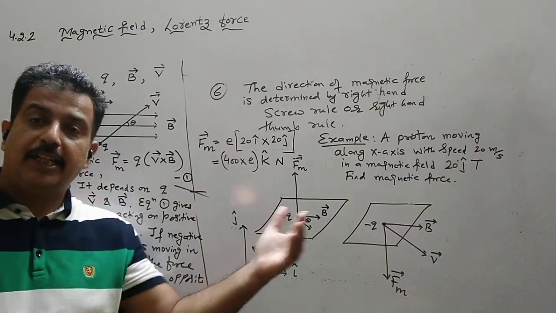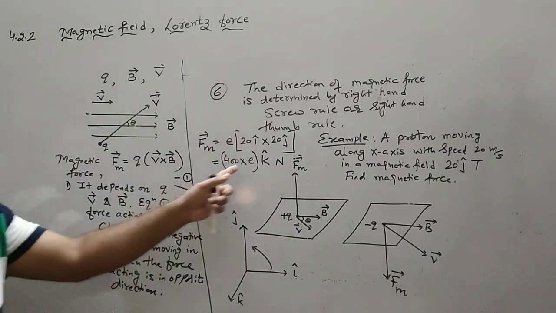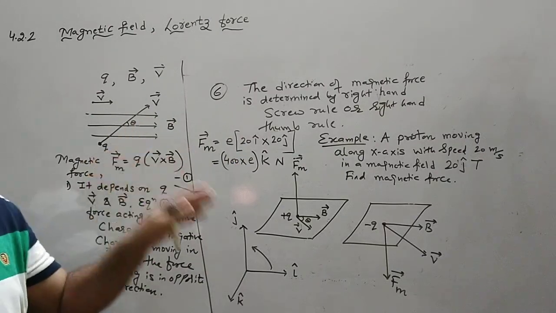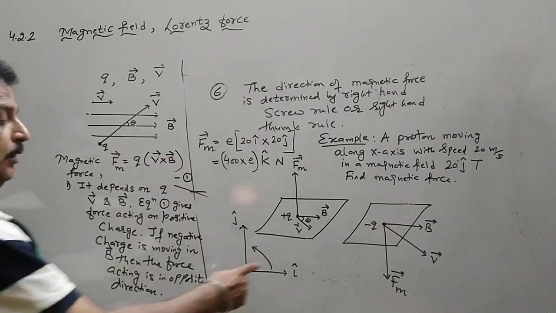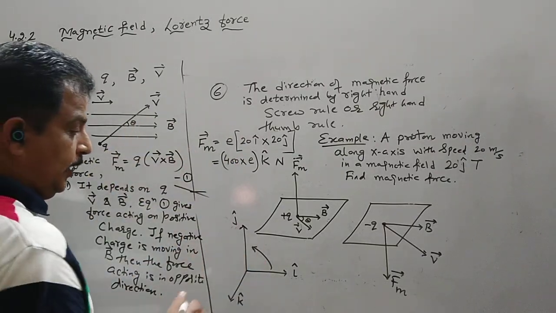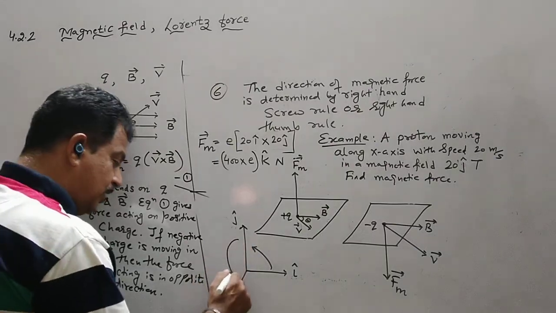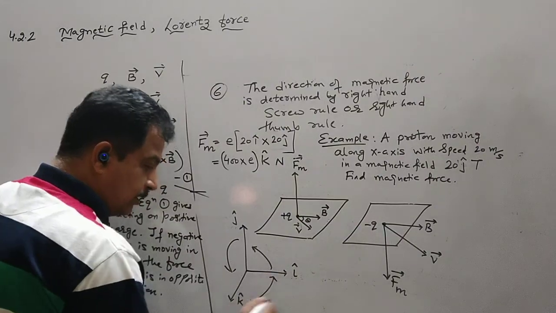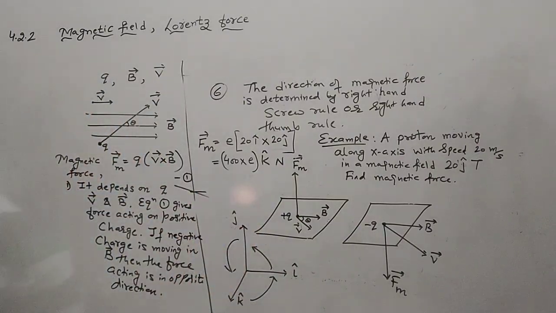You keep the value of e as 1.6 into 10 raised to minus 19 coulomb. So that much Newton force acts on it. I cross j was k, then j cross k is i, and k cross i was equal to j.